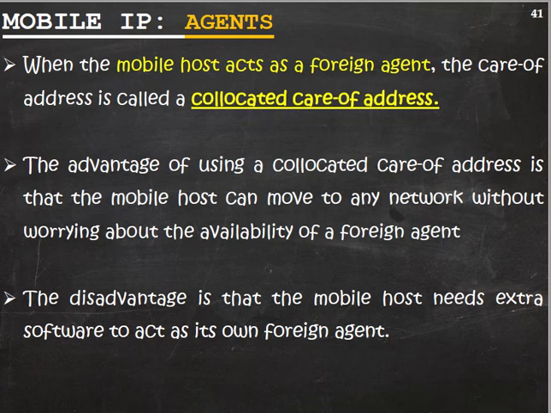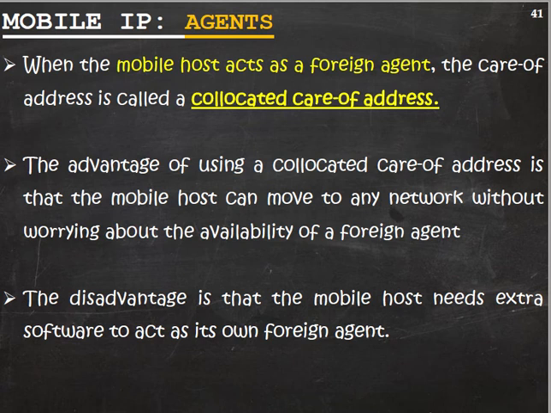A mobile host can also act as a foreign agent. That is, the mobile host and the foreign agent can be the same. However, to work as both, the mobile host must be able to receive a care of address by itself, which can be done through the use of DHCP.